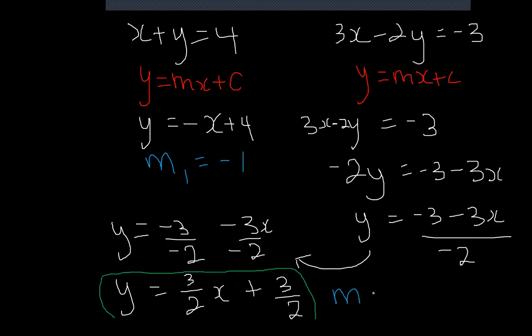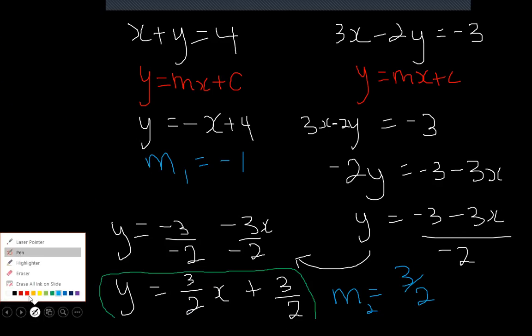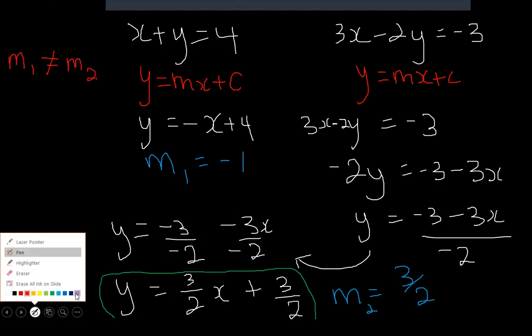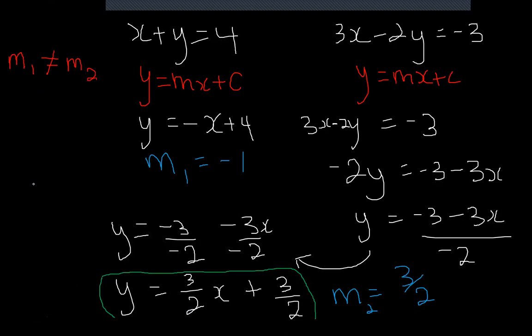And then in this case, m is equal to 3 on 2. M2. However, unlike the other cases, M1 is not equal to M2. So these lines are not perpendicular.